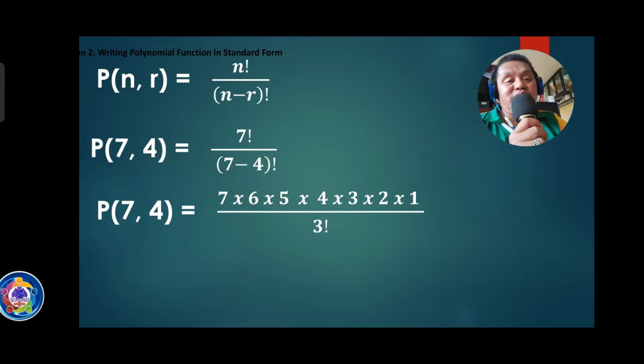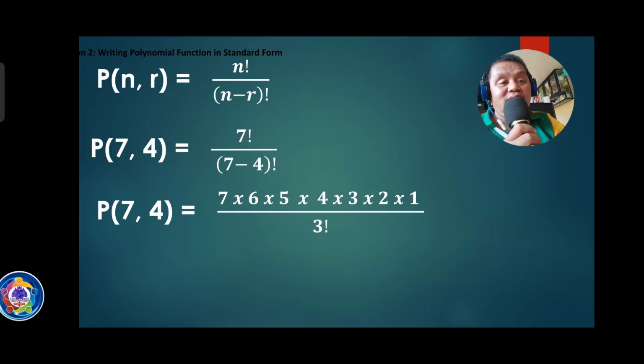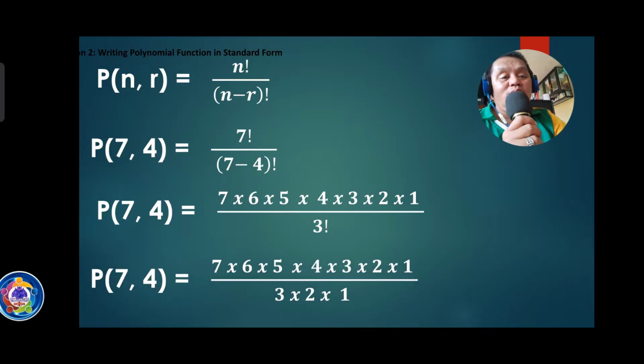Again, from 7 factorial, we have 7 times 6 times 5 times 4 times 3 times 2 times 1 in factorial notation, and all over, 7 minus 4 is equal to 3 factorial. So you have 7 times 6 times 5 times 4 times 3 times 2 times 1 all over 3 times 2 times 1.